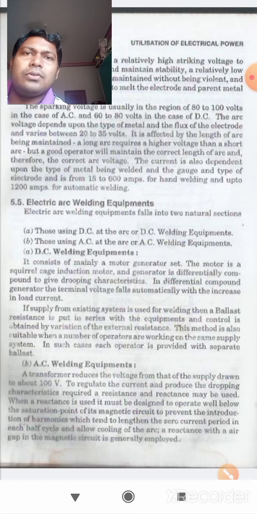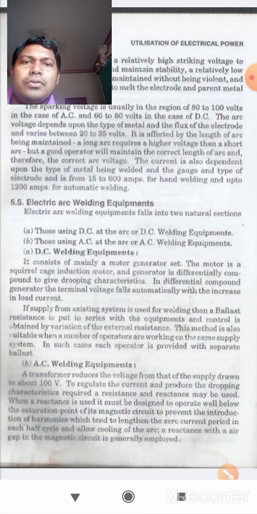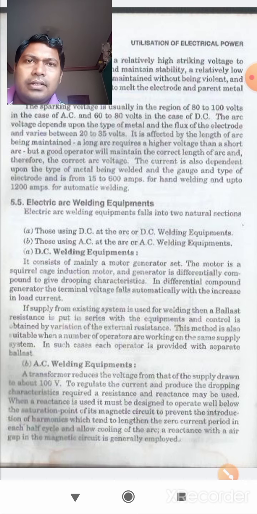It will bend slowly as the current is increased. You might have seen in your machines papers also, in EC1, the drooping characteristics is found in your differential compounded motor. So for that purpose only this differential compound motor is selected.